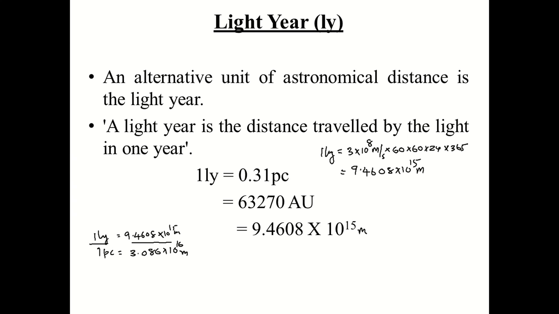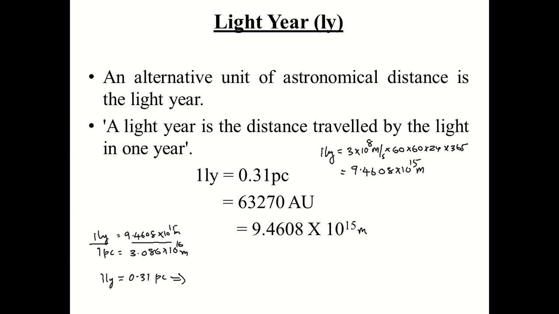If you do this calculation, it will come around 0.31. So 1 light year is equal to 0.31 pc or parsec.